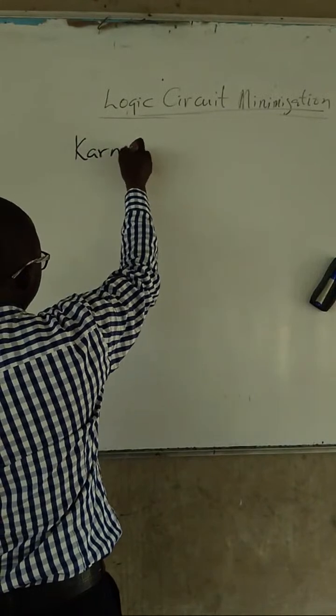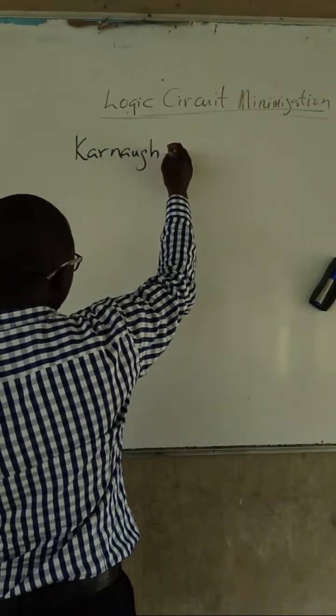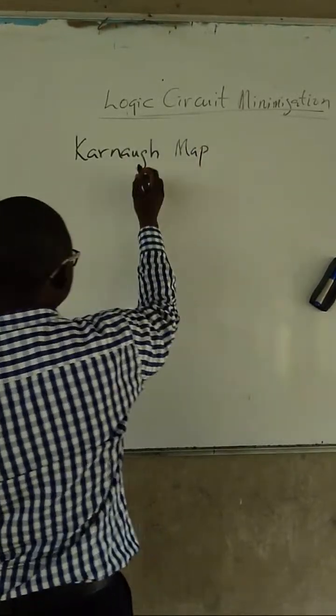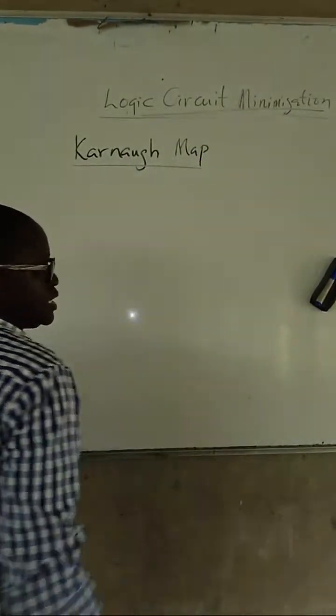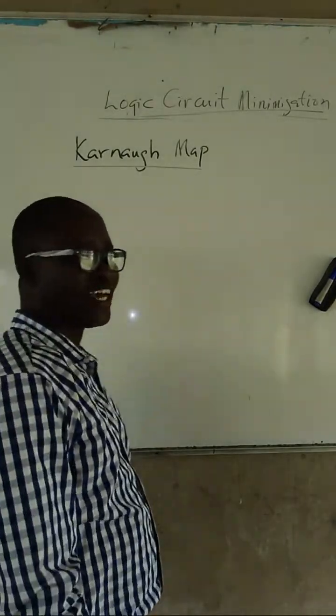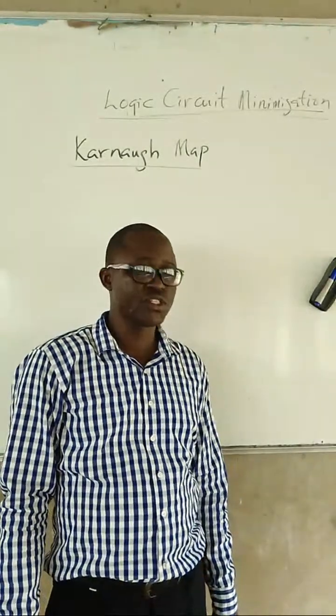The man Karnaugh was a U.S. scientist that developed the Karnaugh mapping system. Now there are certain things you need to know about the Karnaugh map to actually use it.